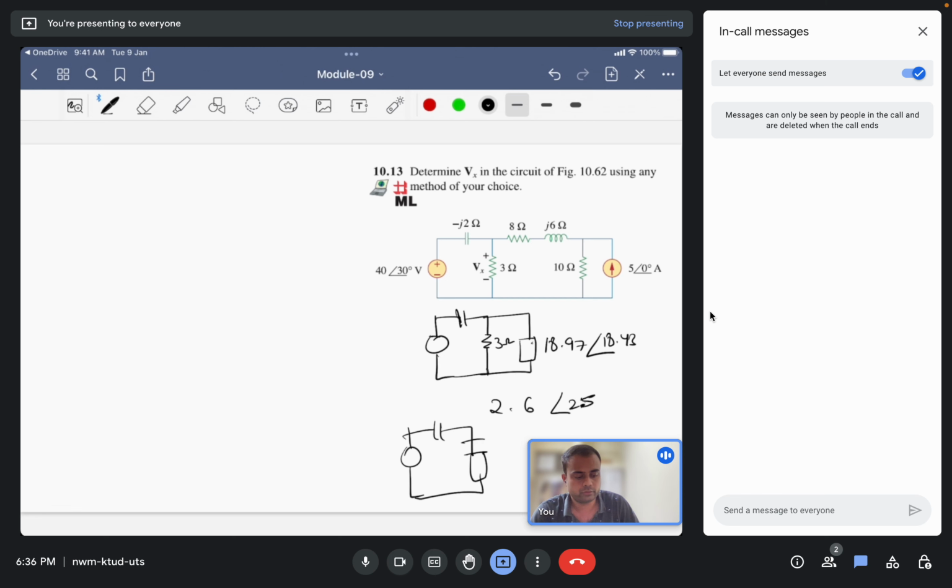So now we have to find the voltage across this combination. So we have to use the voltage division rule.